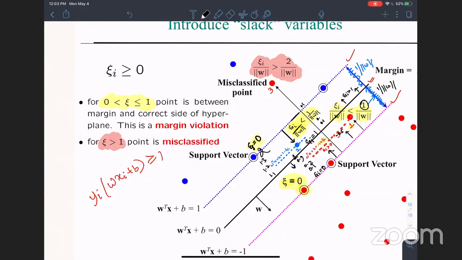Yes, it's like you cannot go beyond it, but even if you enter this smaller margin, you will still impose some cost, right? Yes.